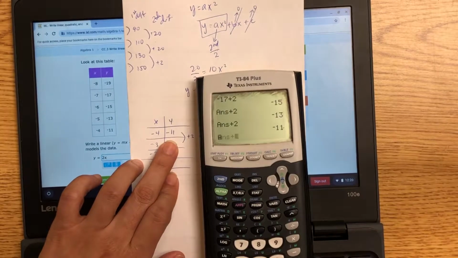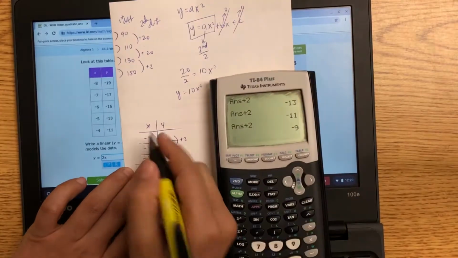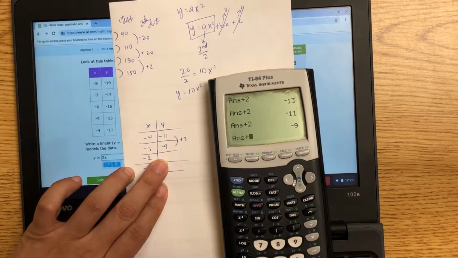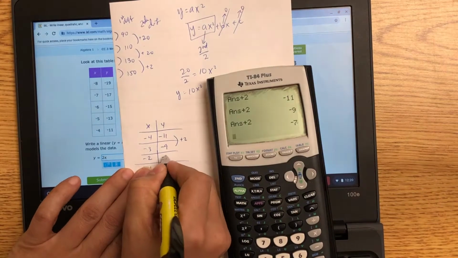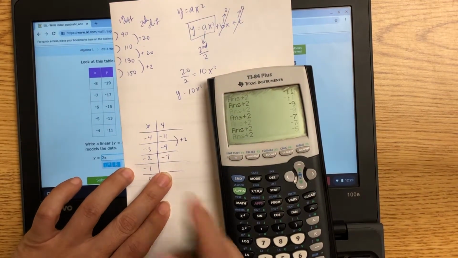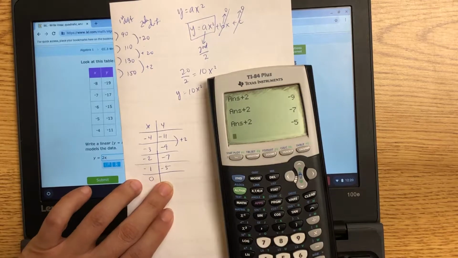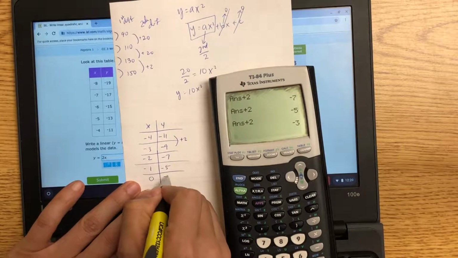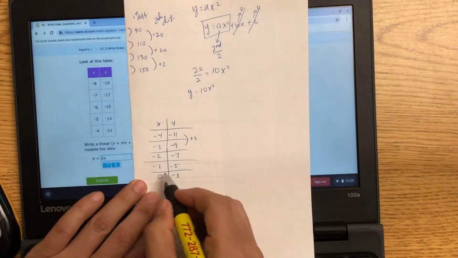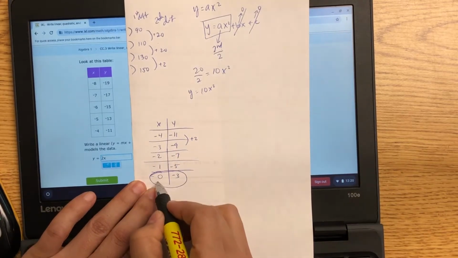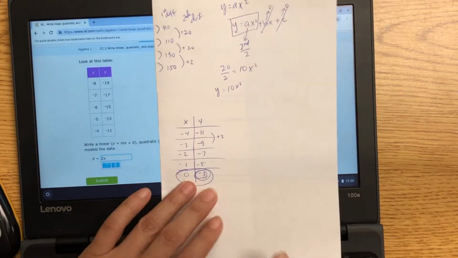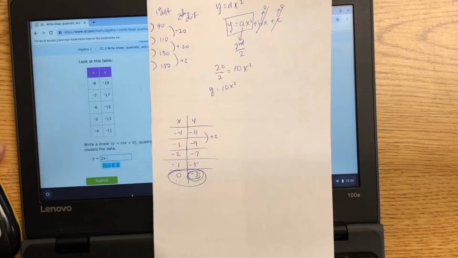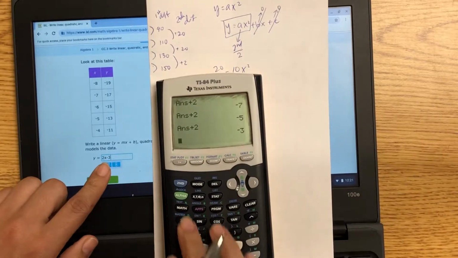So I start at negative 11 plus 2. That will give me negative 9 plus 2. That will give me negative 7 plus 2. That will give me negative 5 plus 2. That will give me negative 3. So at the y-intercept, where x is equal to 0, it's negative 3. So 2x minus 3. And again, check it.